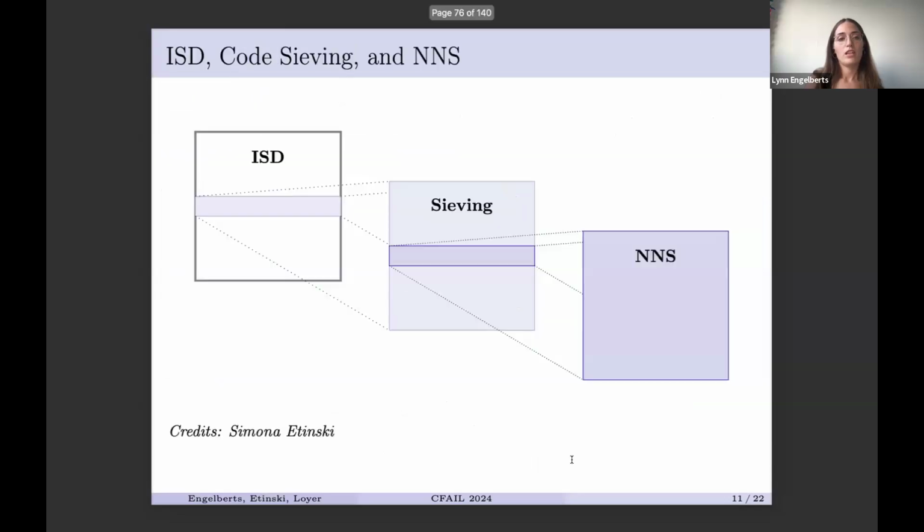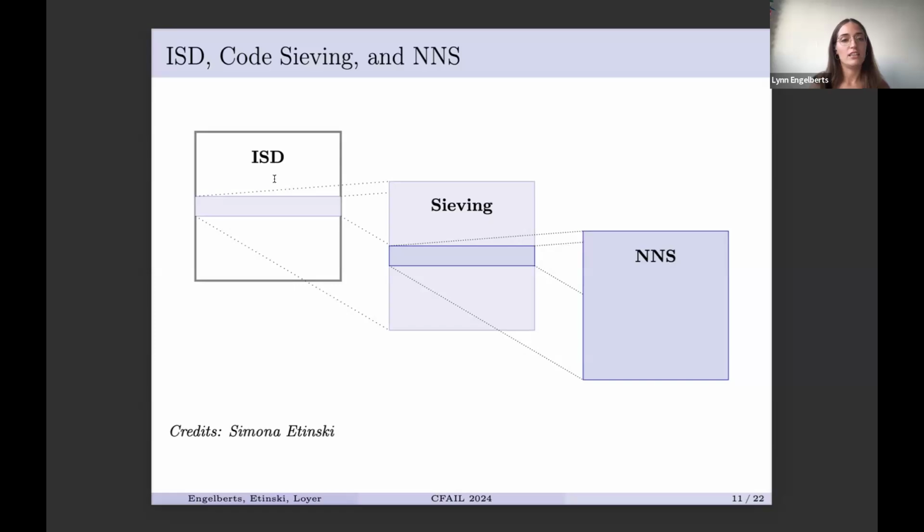Okay. So ISD, code sieving and near neighbor search might be a bit confusing for those that see this for the first time. So my collaborator Simona made this beautiful TikZ picture where we can see how these algorithms relate to each other. So recall that ISD is this overall algorithm that tries to solve the main decoding problem.